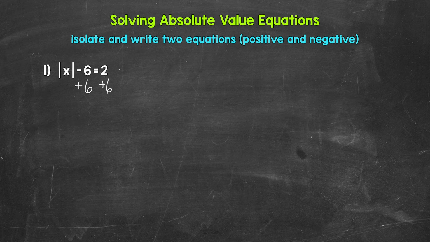Taking a look at the left side of the equation, these 6s cancel each other out. So now we have the absolute value of x equals, and then on the right side of the equation, 2 plus 6 gives us 8. So now we have the absolute value of x equals 8.